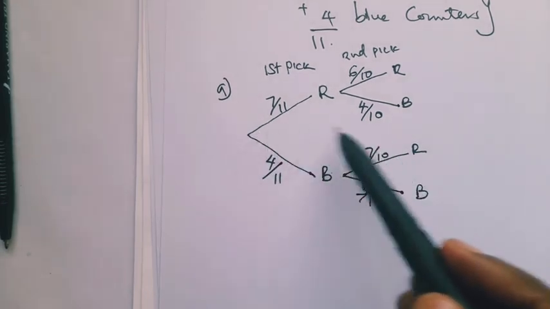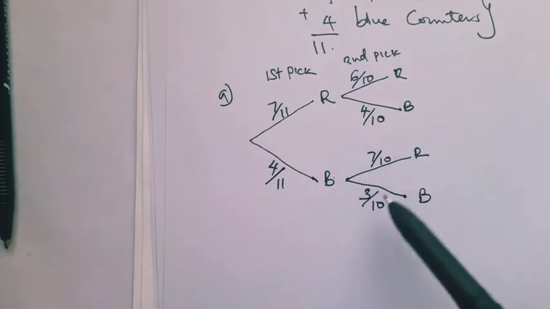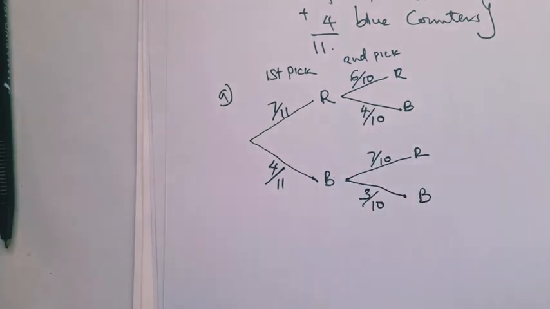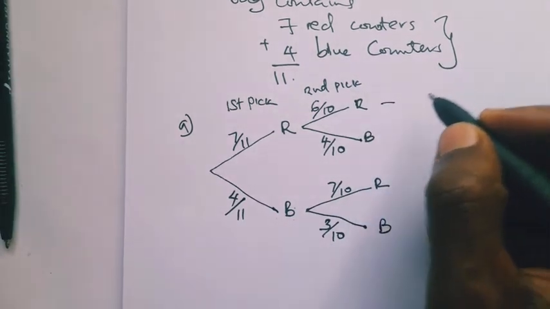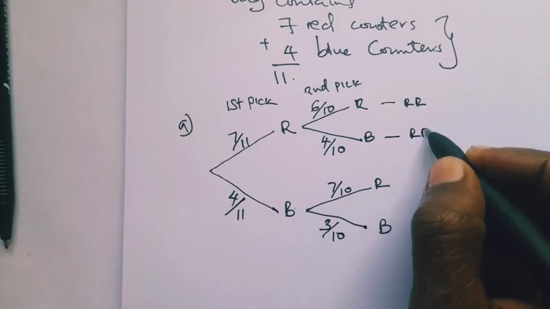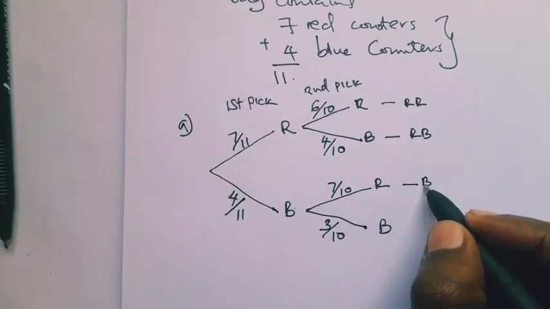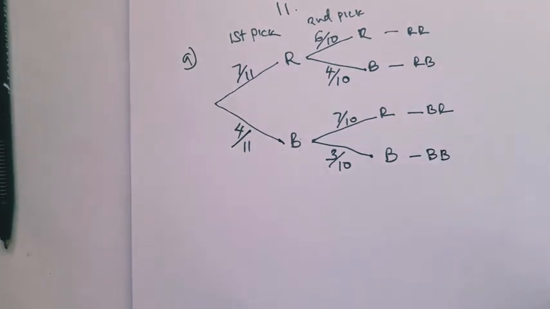We are not interfering with this branch. The red ones remained 7 out of 10, because we have reduced the total number. So now here we are going to have probability of red-red, and this one is probability of red-blue, this one is probability of blue-red, and this one is probability of blue-blue.